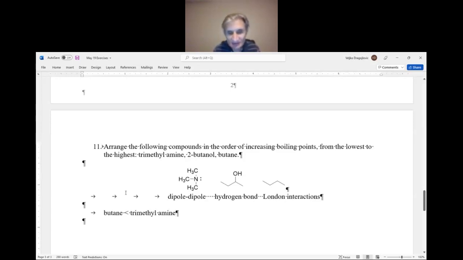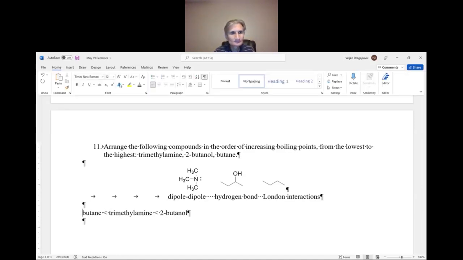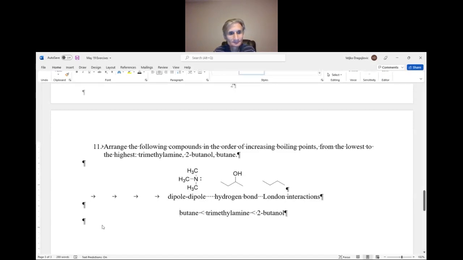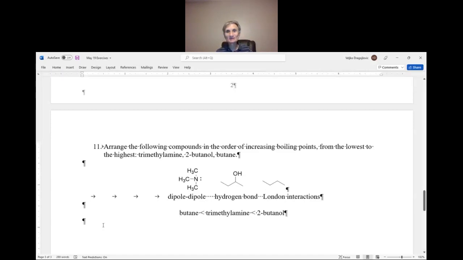Note that in amines, actually trimethylamine, we don't separate substituents from each other. And then 2-butanol. So this would be the correct answer. Okay, so that completes test 3 review.